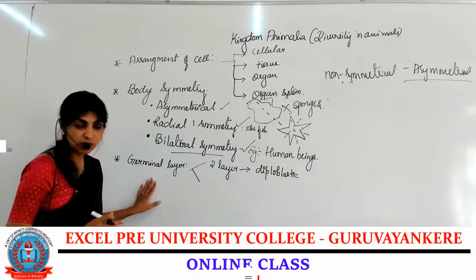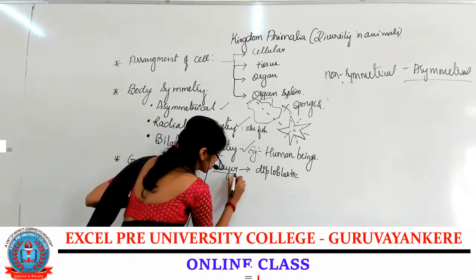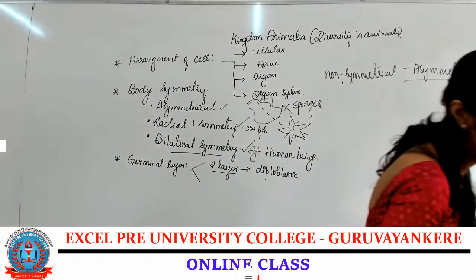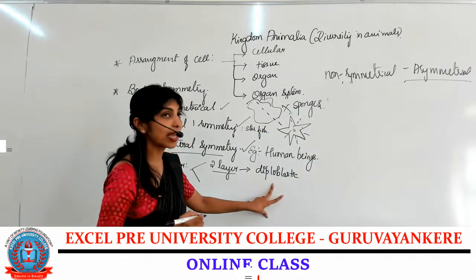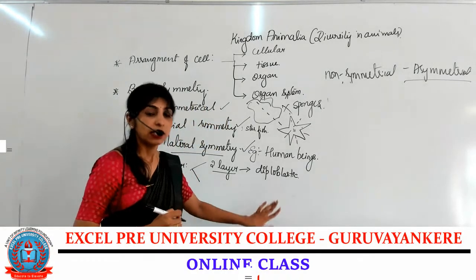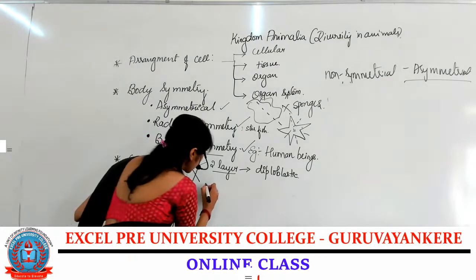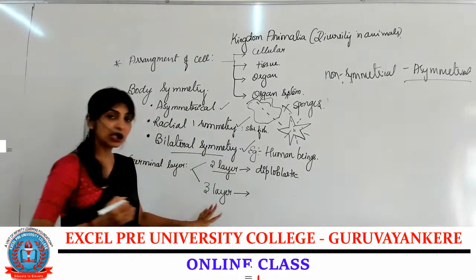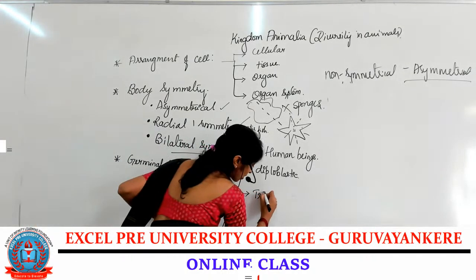In the higher organisms, what happens? When they differentiate into three layers, we call them triploblastic organisms.